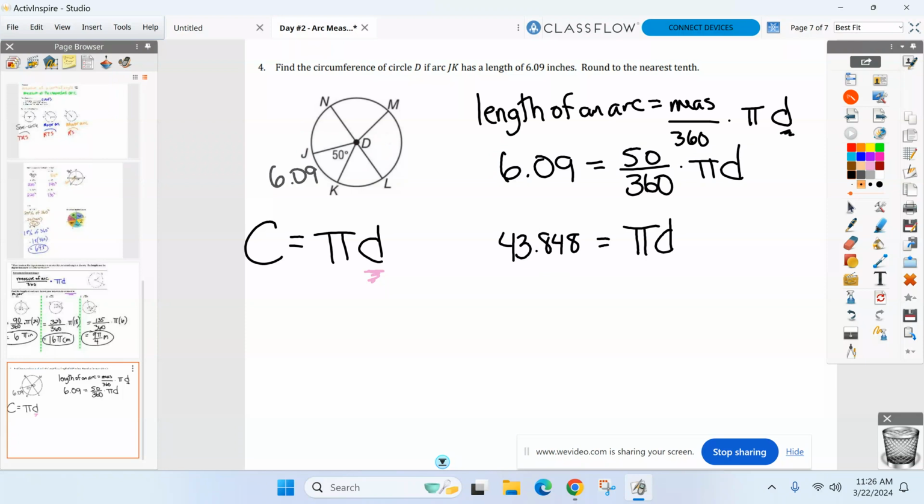Go. Move it over. 43.848. Everyone's good? All right, now D still isn't by itself.